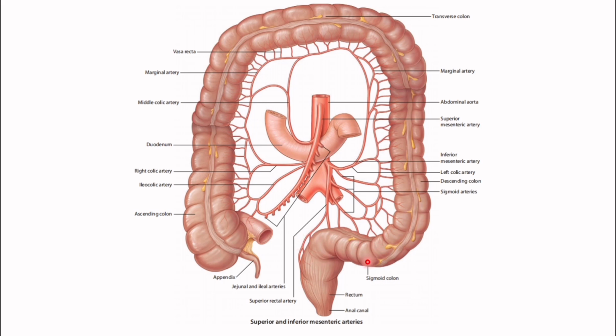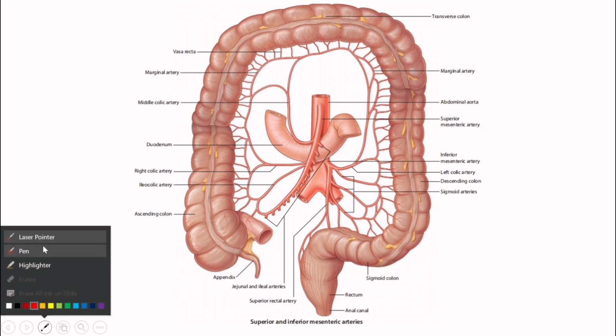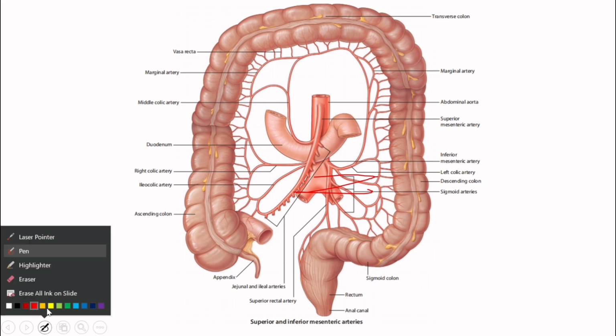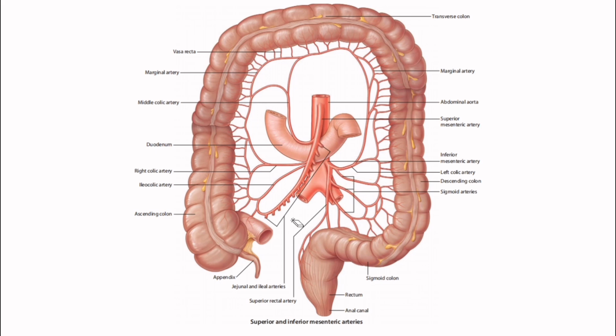The condition is called volvulus, where the sigmoid colon wraps around itself. Let me show you. It cuts its own blood supply due to the twisting when it's rotating. Okay, done. Right. So we move on.